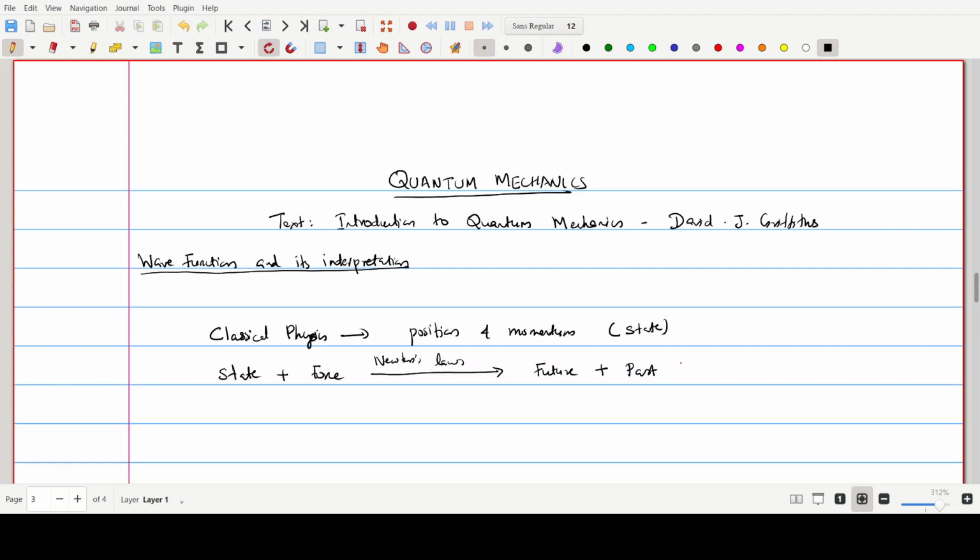Everything is well known. If you know the initial state, then the entire future and entire past information is available in the present state itself. So classical physics is completely deterministic.